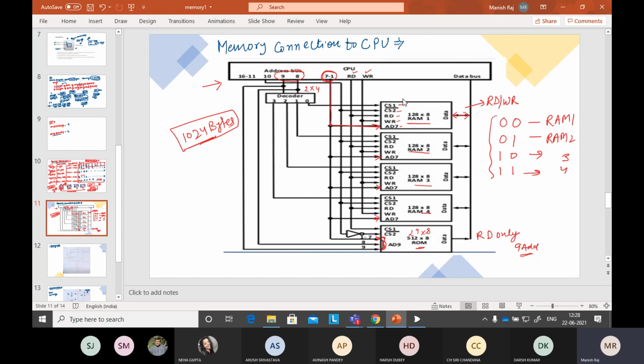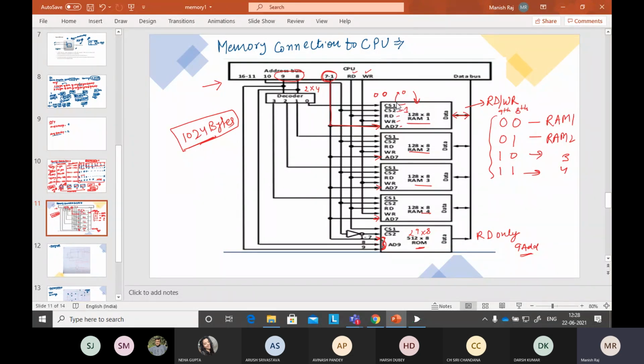So if you are getting 0 0 here, the 8th and 9th bit, then you will select RAM 1. This is your 8th bit and 9th bit. For chip selecting, you have to do this is 0, this is 1, this type of select.